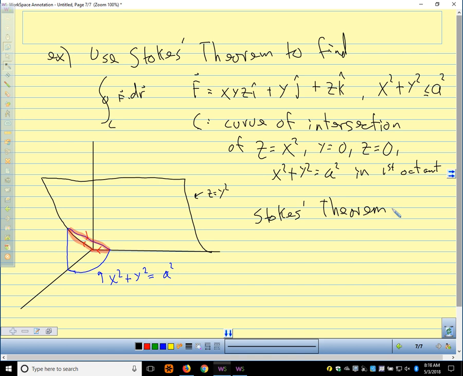So what is the surface that's bounded by that curve? Isn't it just z equals y squared? It sure is. The surface bounded by the curve is z equals y squared, and our region in the xy plane is x squared plus y squared equals a squared.